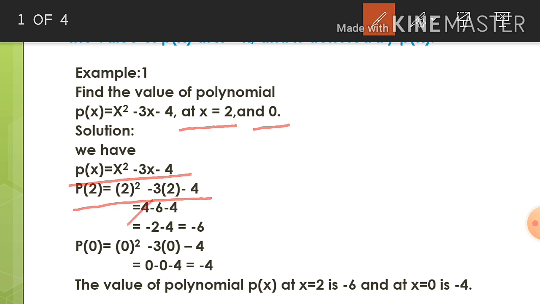Plus 4 and minus 6 gives you minus 2, and minus 4 gives minus 6. Both give the same result. After replacing x with 2, we got the result as minus 6.